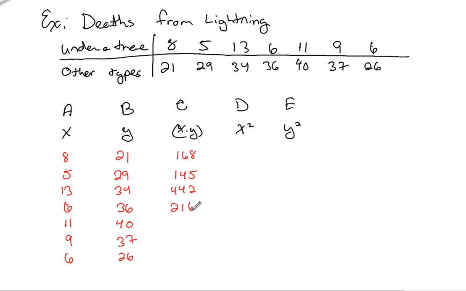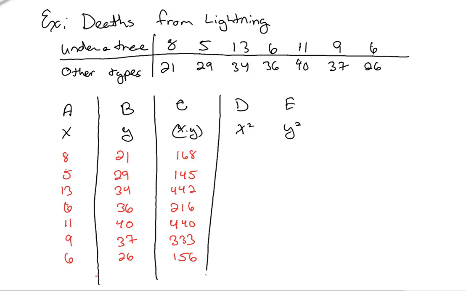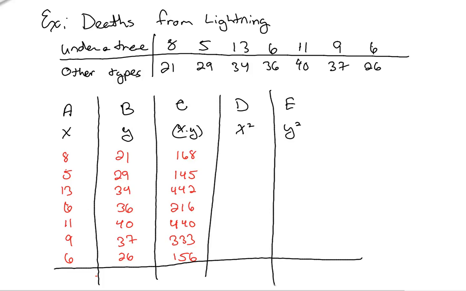I'll take 11 times 40, which is 440. I'll take 9 times 37 and get 333. And then I'll take 6 times 26, and get 156. So that has given me my columns A, B, and C. And eventually I'm going to add them all up.